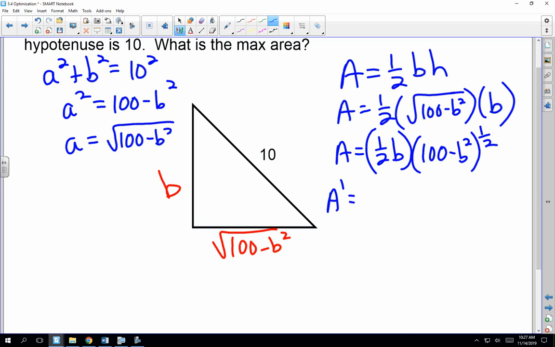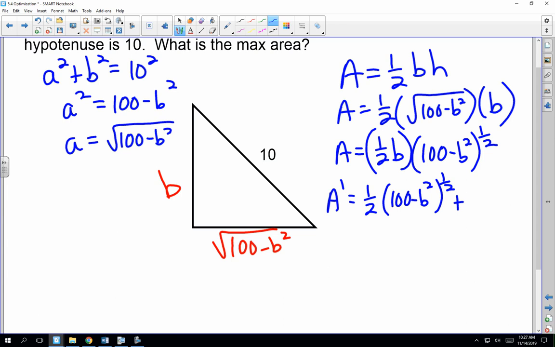I always do the derivative of the first. Some of you guys are doing it the way the book quotes it, which is fine. So that'd be 1/2 times 100 minus b squared to the 1/2. And then it's plus, this one is a chain rule.